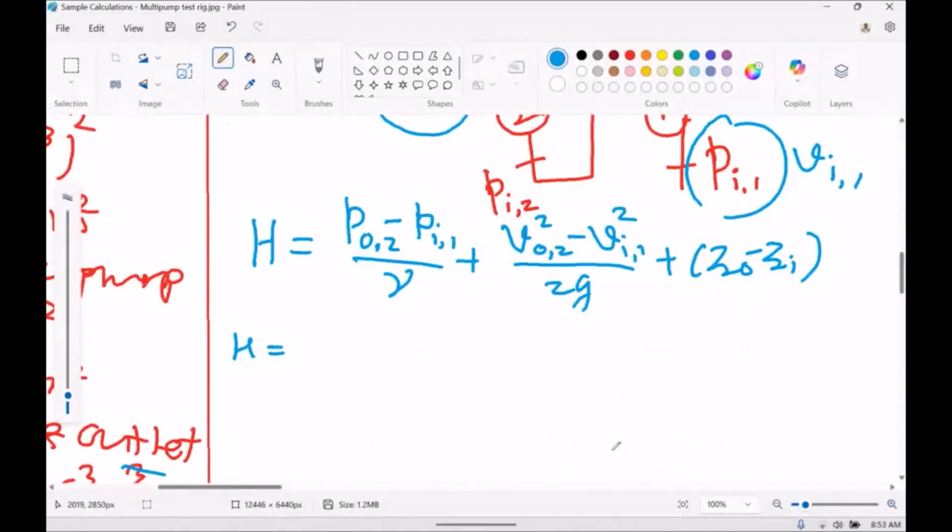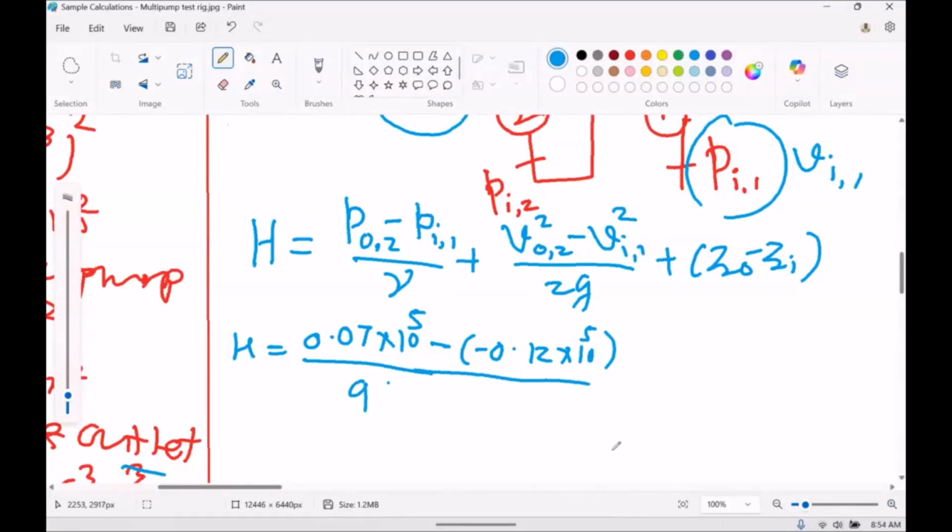So H is equal to pressure at outlet, which is 0.07 bar, Newton per meter square, minus (minus 0.12) into 10 to the power 5, divided by gamma, 997.29 into 9.81 Newton per meter square, plus velocity at outlet. So here the velocity we already calculated.